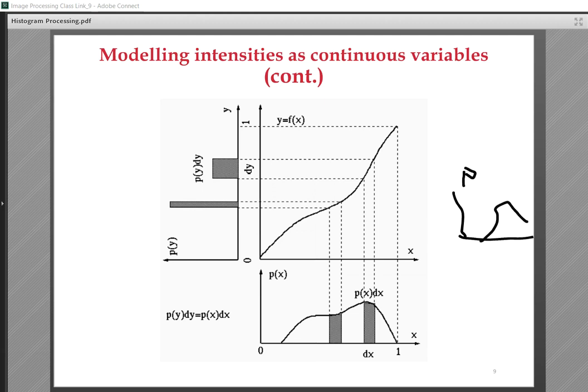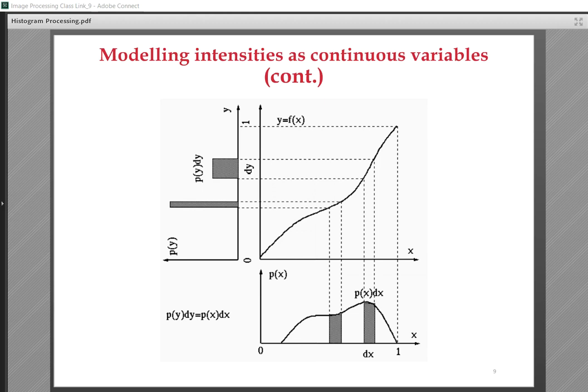From 0 to R1 this item is T(R1) plus this item. That means this is more than 0, so T(R2) is greater than T(R1).